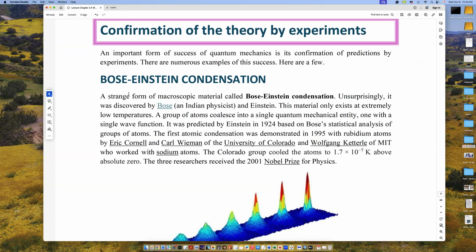For example, in the late 1920s, Einstein got a letter from an unknown scientist in India, Bose, who had been working with the first versions of modern quantum mechanics. And he noticed something.